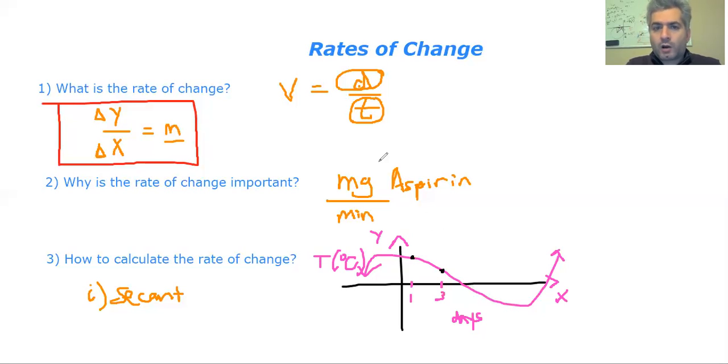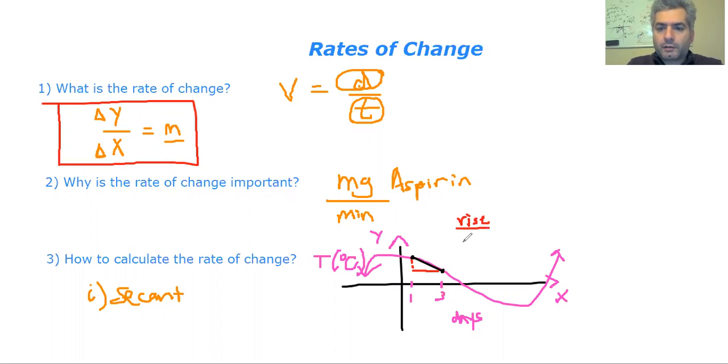If we draw a line between days 1 and 3, and if we find the slope of that line, we're going to be able to get the rate of change along that interval. And if you remember the rate of change, it's the rise over the run.